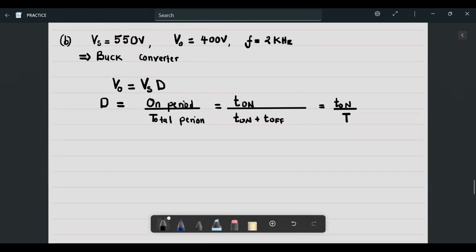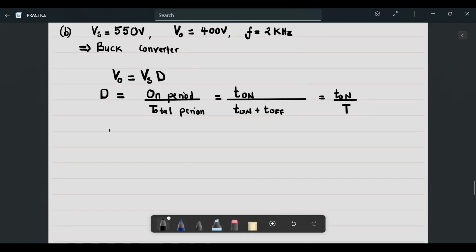What do I mean by on and off? On and off of what? This is a pulse that we are giving to the circuit. So the on period is from here to here.